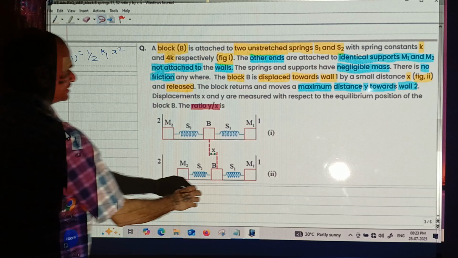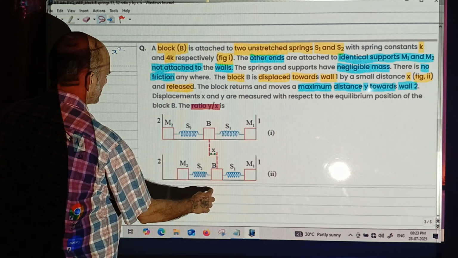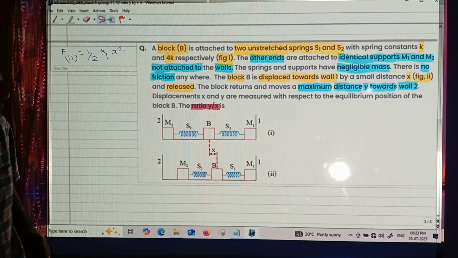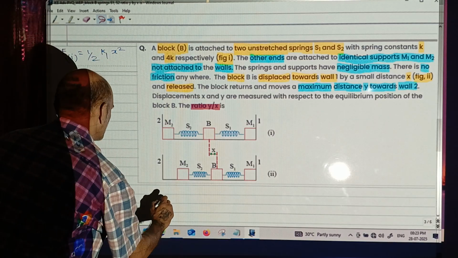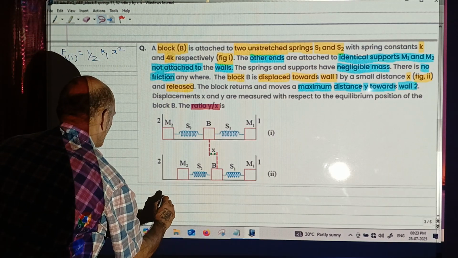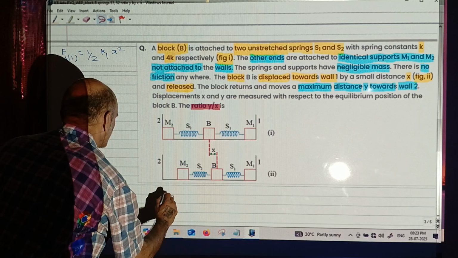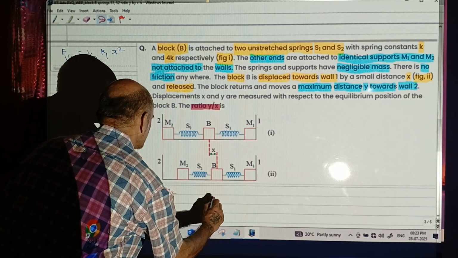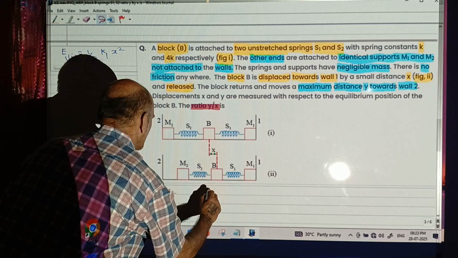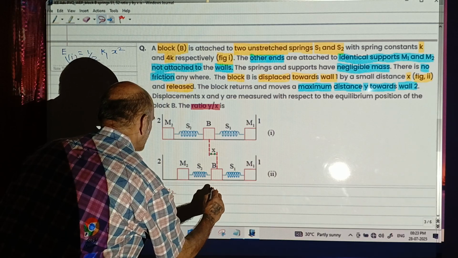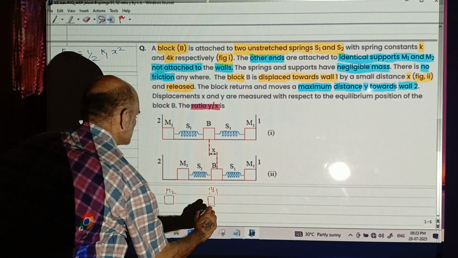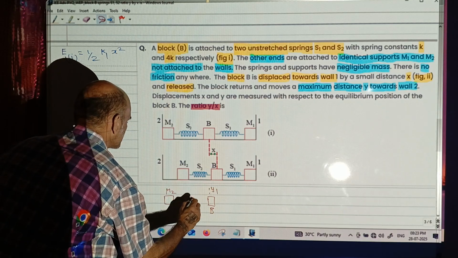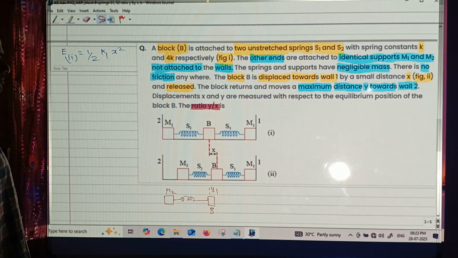And when it is released, it will come back to the equilibrium position and move towards right. And when it reaches the extreme position on the right side, this block M2 would have touched this wall, and this block B would have moved here by an amount y from the equilibrium position, and the spring S2 here would have got compressed by an amount y.